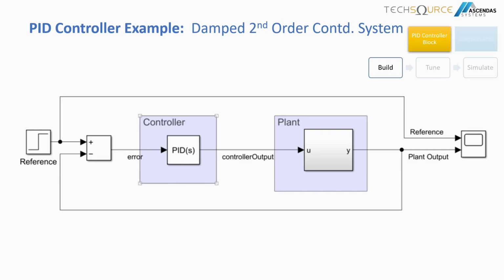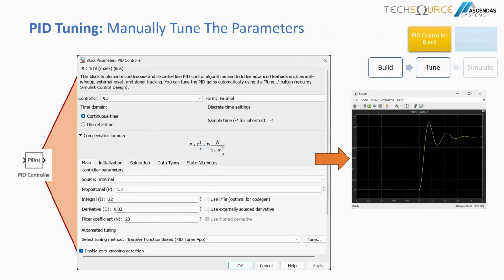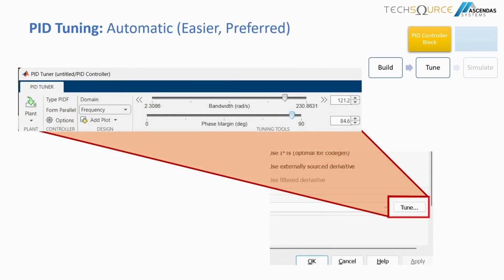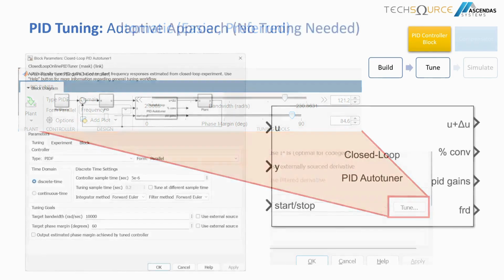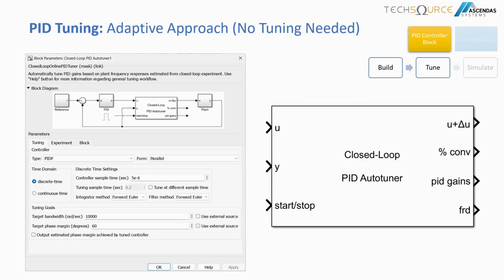So if we double click on the PID block, you will see that there are multiple parameters that you can tune either manually or automatically with this tune button, and we will talk about this in the live demo soon. Other than that, you can have an adaptive approach, which does not really involve any tuning.